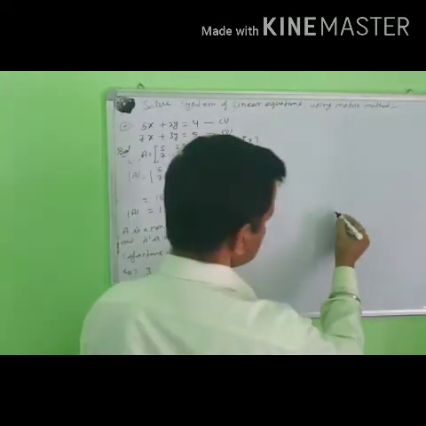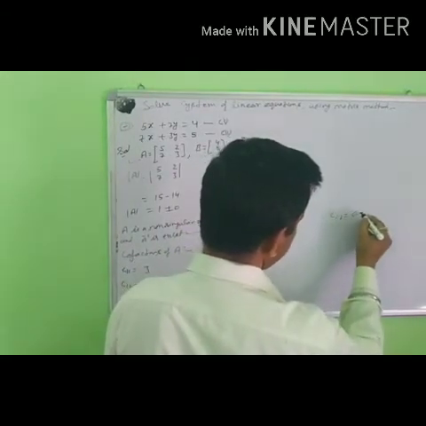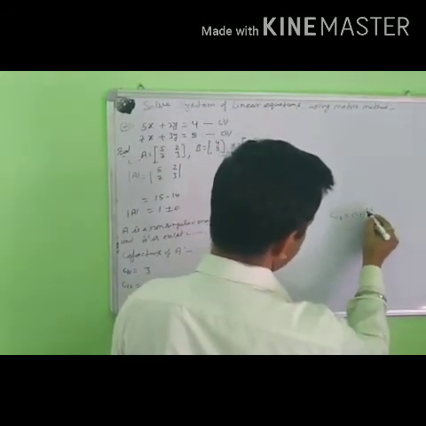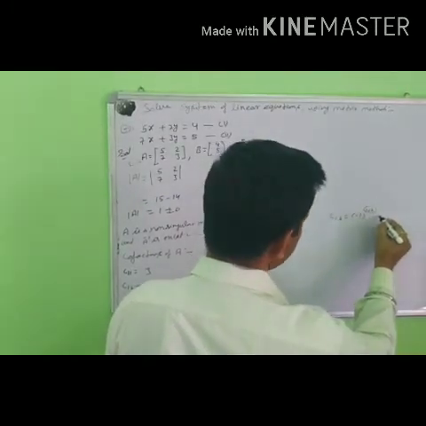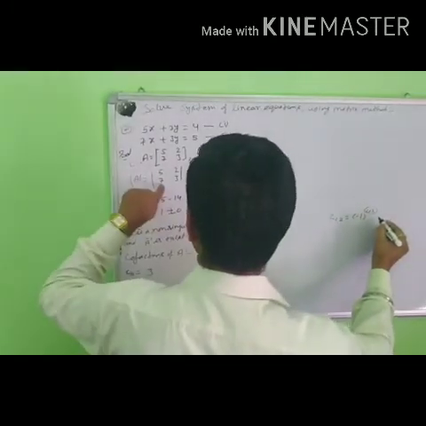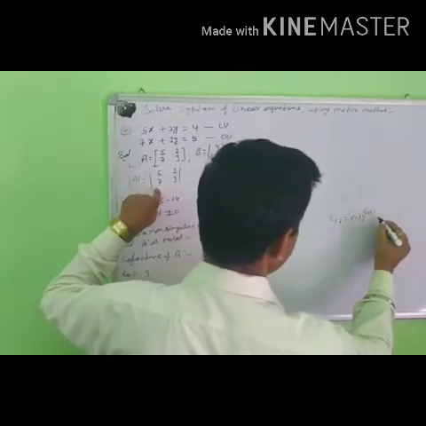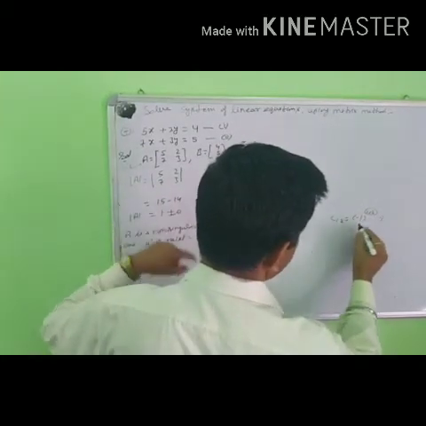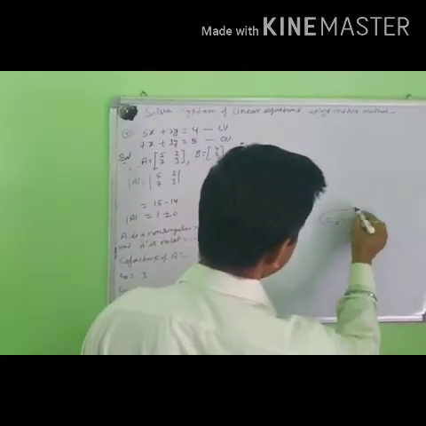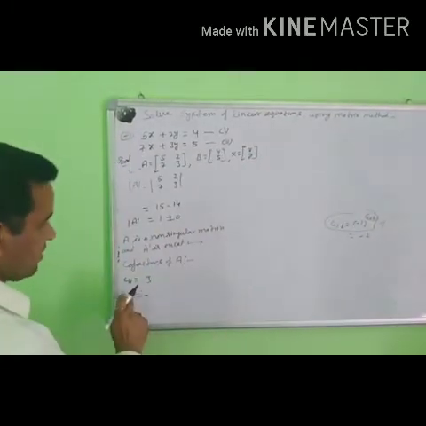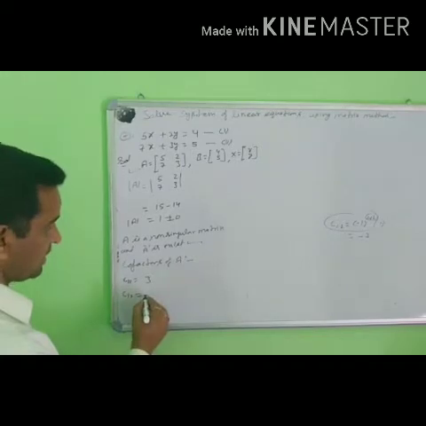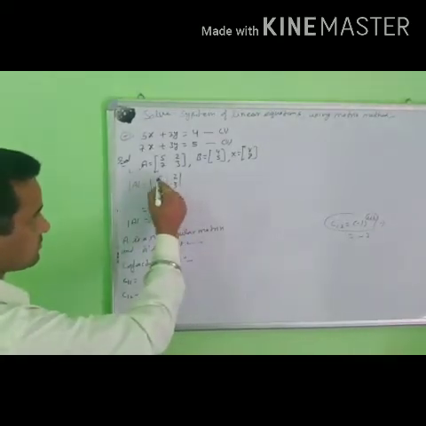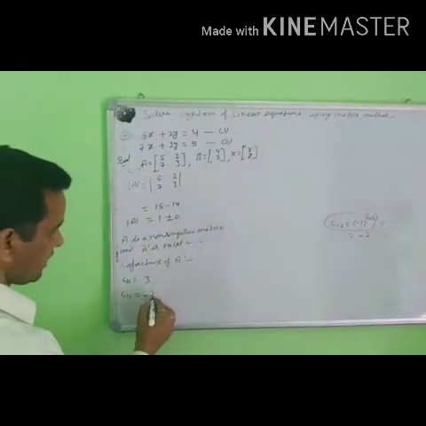Using the identity minus 1 to the power 1 plus 2, the negative sign comes here, and the answer will be minus 7.